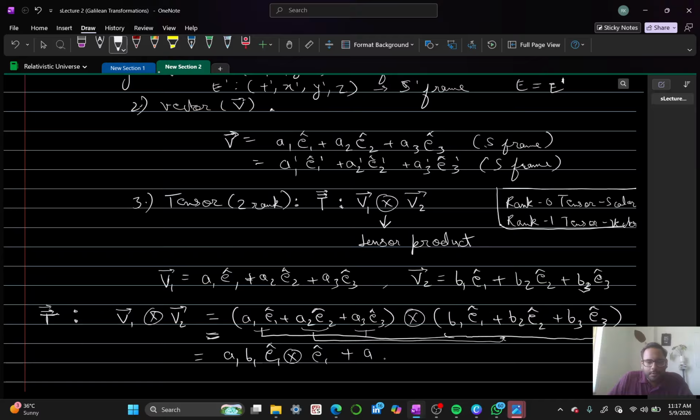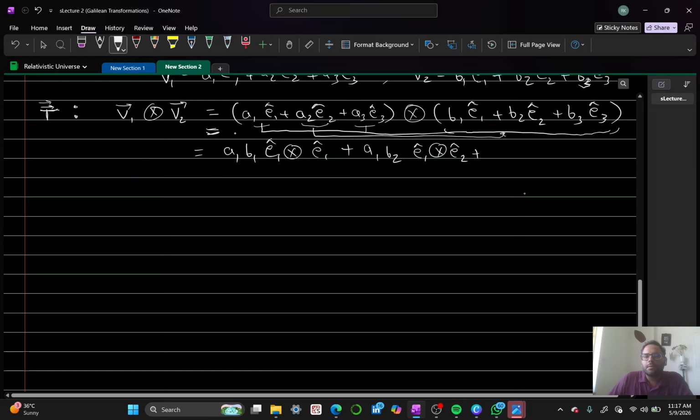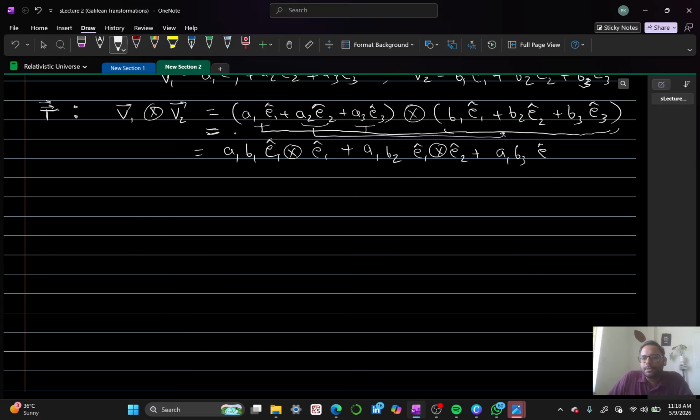Then it will be a1 b2, e1 tensor product with e2. You can continue this. Okay, let's write it down then. a1 b3, it's easy to write.